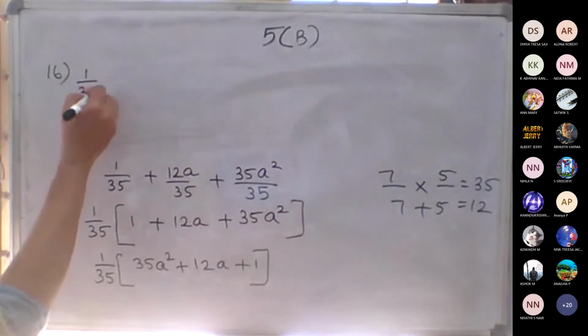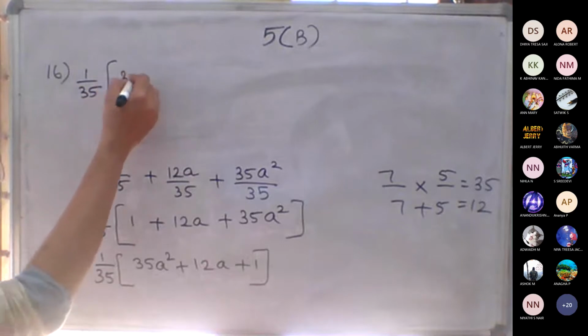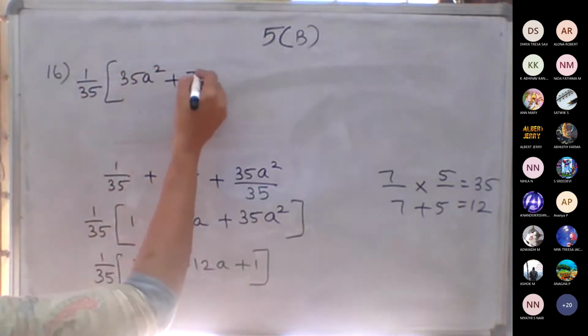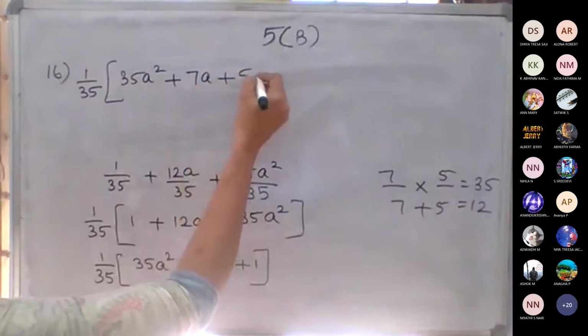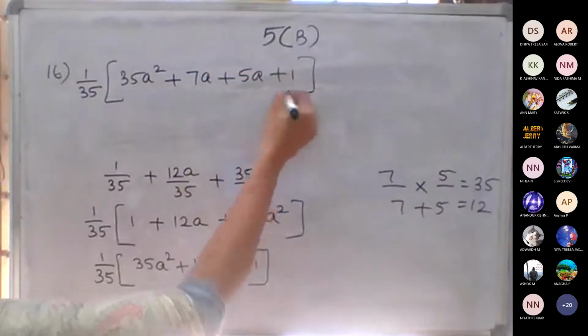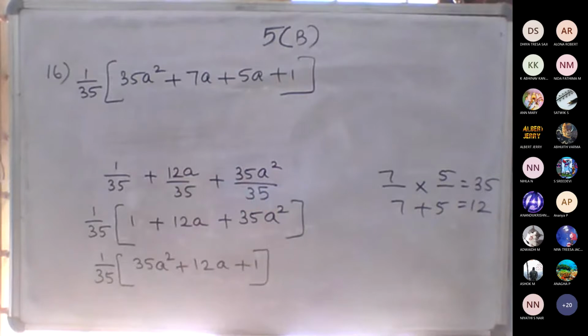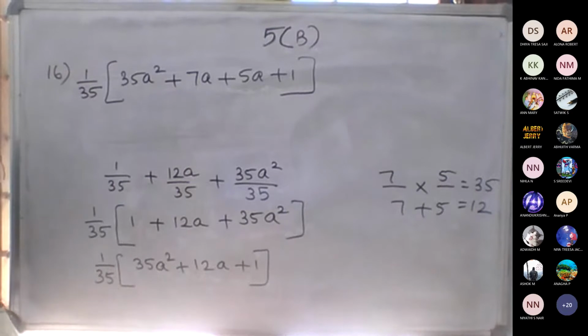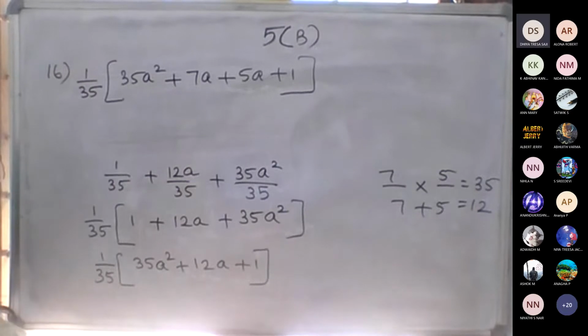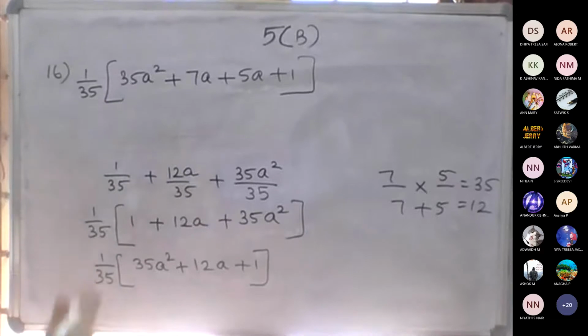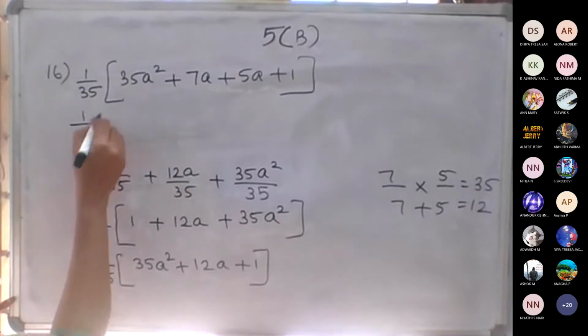So 1 by 35, then 35a square plus 7a plus 5a plus 1. Up to this, completed all of you? Yes, ma'am. Then 1 by 35.